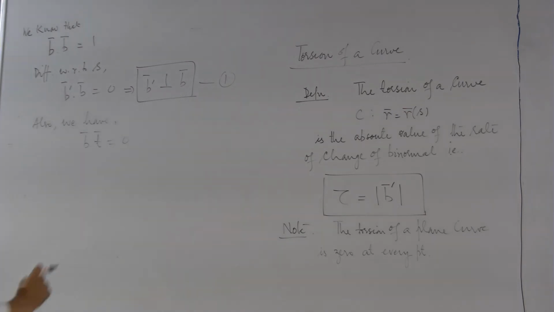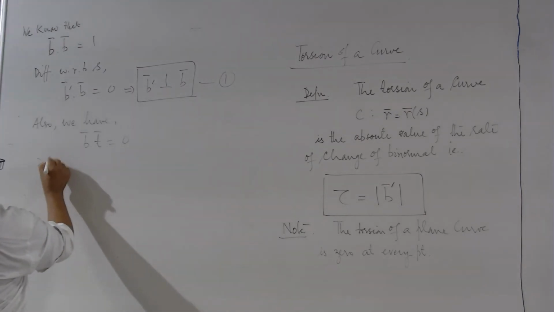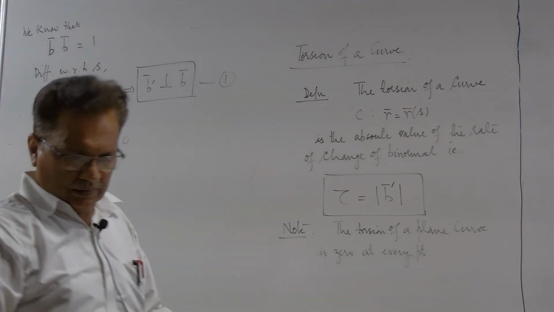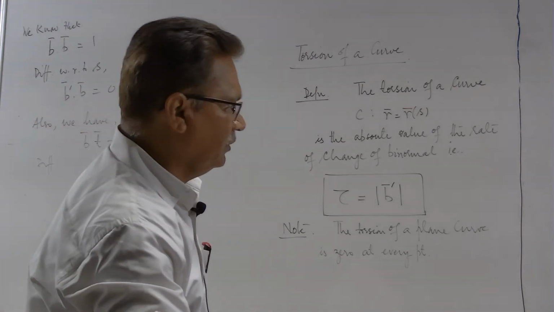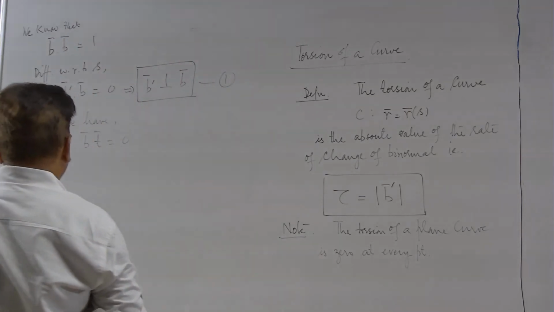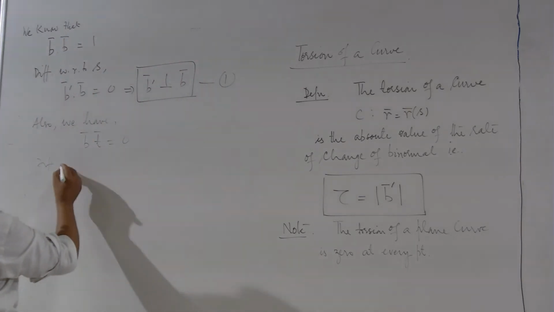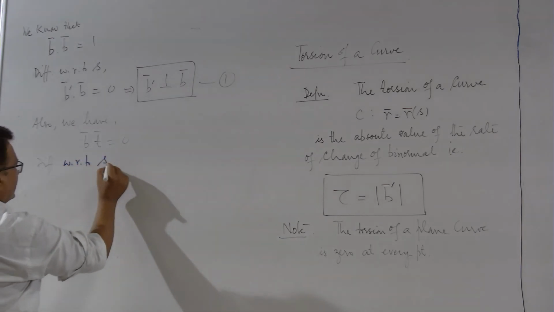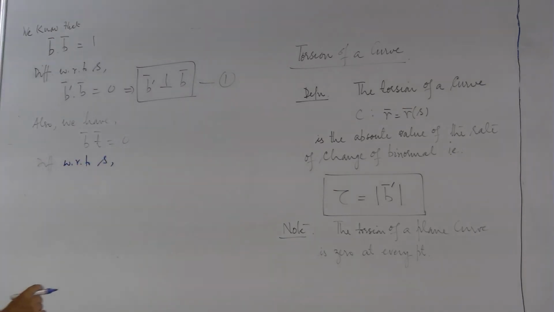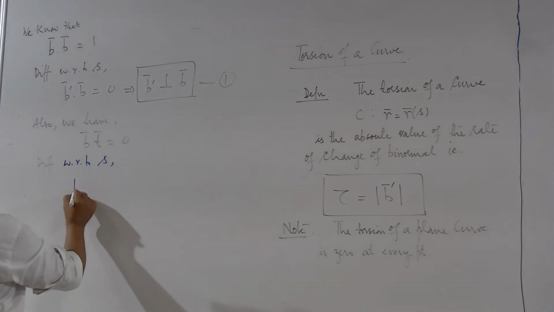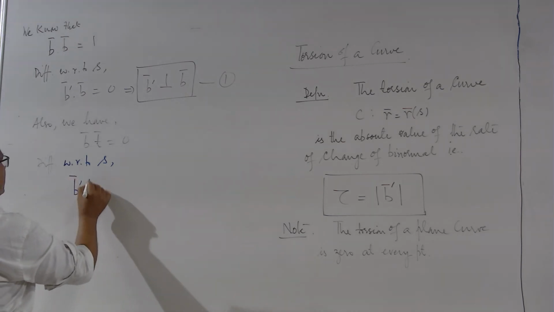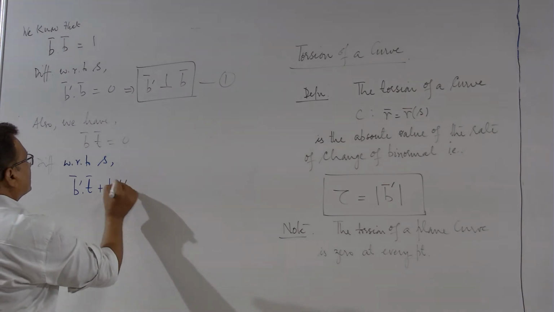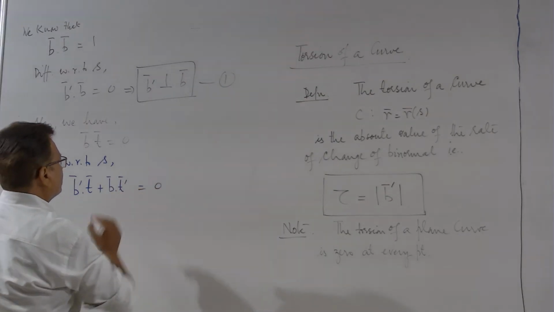I will differentiate this also. Differentiating this with respect to s will give me b dash dot t plus b dot t dash equal to 0.